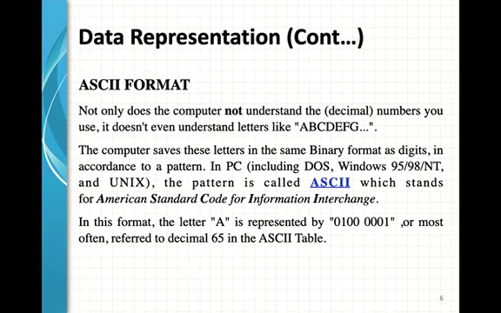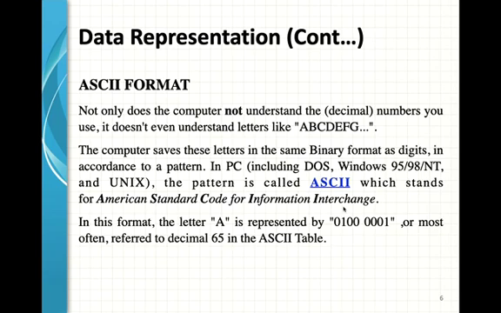Again, numbers like 1, 2, 3, 4 cannot be understood by the computer, and neither can letters like A, B, C, D. For this, another format is available, known as ASCII, the American Standard Code for Information Interchange.